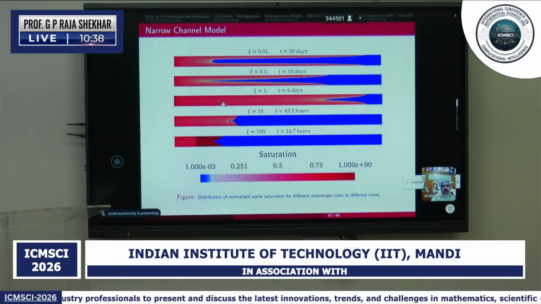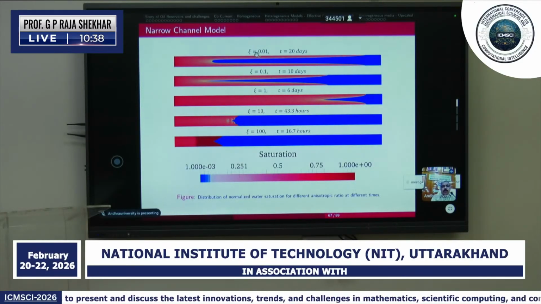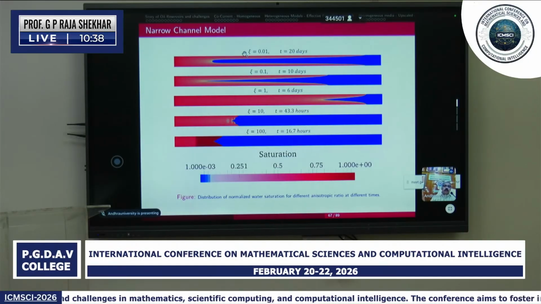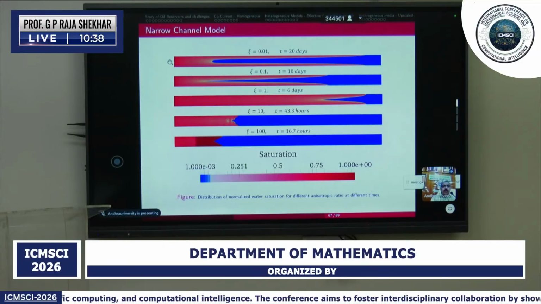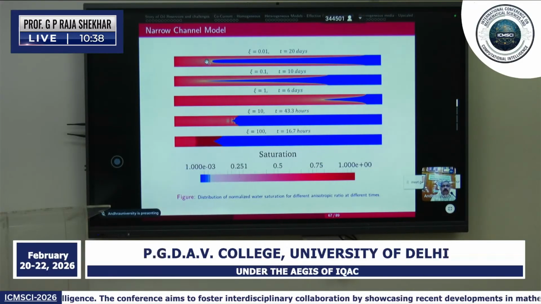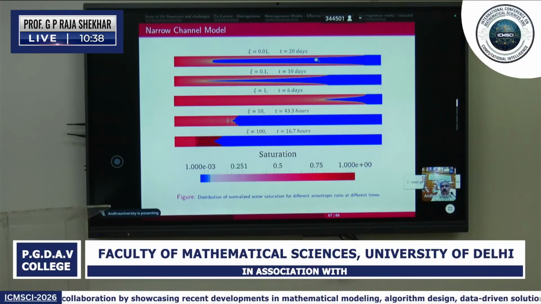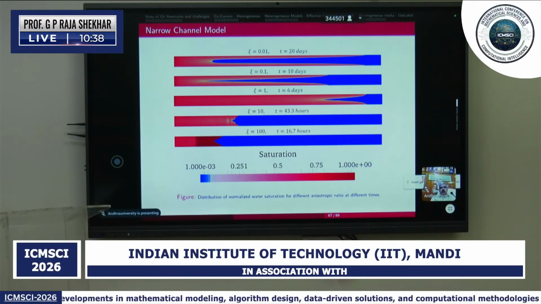So in the narrow channel model, this is the competition parameter kxx to kyy. If it is low, it means the permeability along the vertical direction is dominating. So once you are pushing water, it goes towards the vertical direction and takes the support of the wall. Whatever pressure you apply, it is going only along the wall. So the oil in the middle is getting trapped.